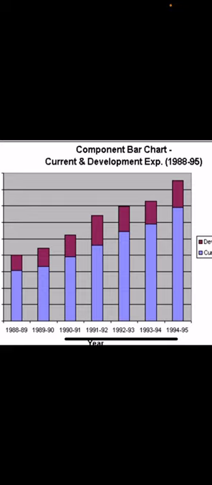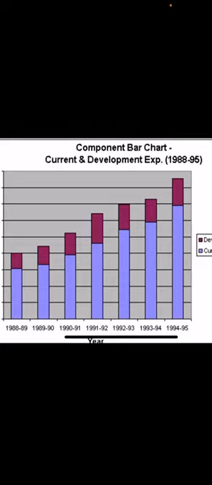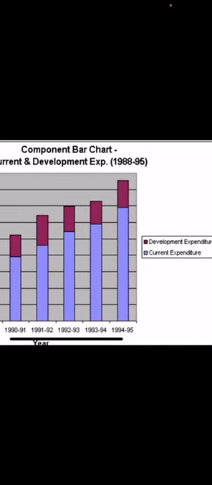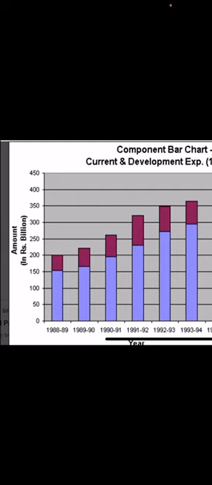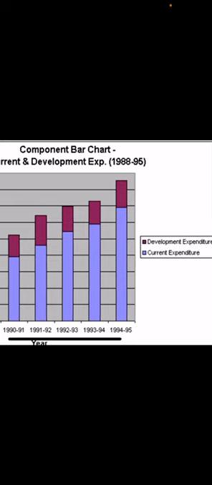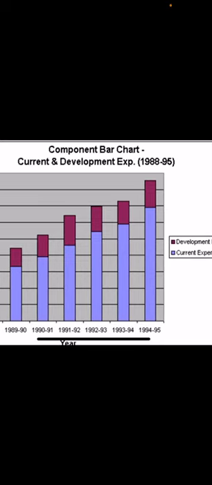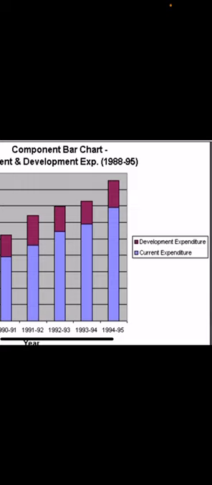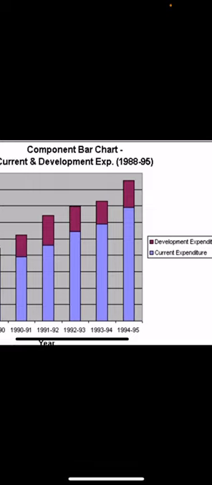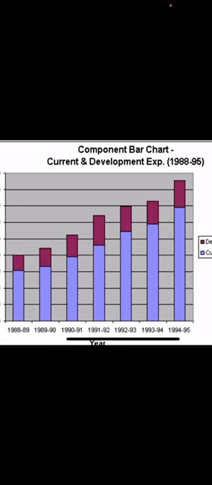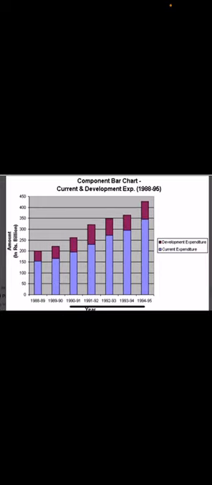Smaller components are given priority in placing the bars. In this diagram the two components are development expenditure and current expenditure. Both have to be added, a bar is drawn to that height, and then you have to subdivide that bar.